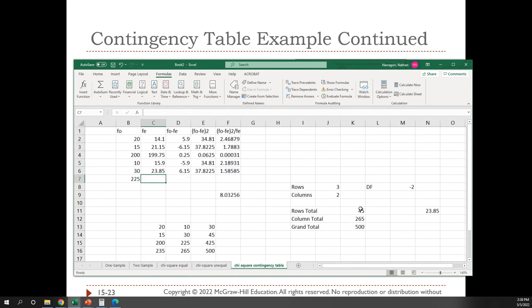And last row, we're looking at 265, or 225, sorry. Oh, that's 425. Sorry. So 225.25. Okay, so rows, column total, grand total. So that comes out to those numbers.